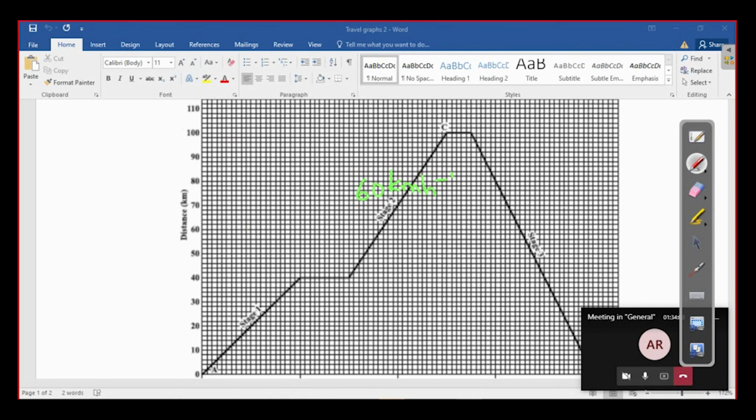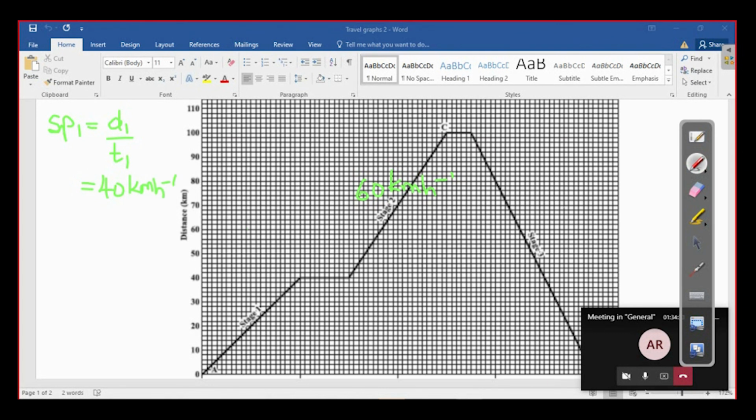So anybody who was able to calculate it from before, just tell me what they got for the speed during stage 1. So during stage 1, say it back, 40 kilometers per hour. Alright, so let's just double check, make sure that we're all correct and we all understand where the 40 came from.